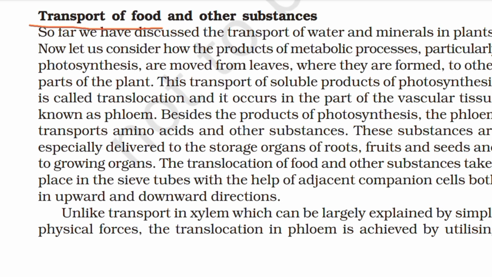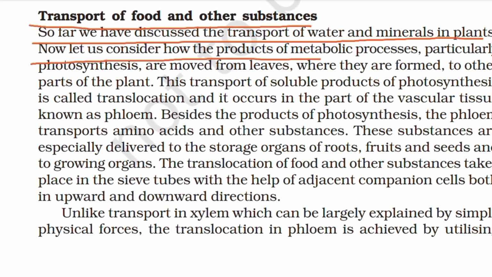Transport of food and other substances. So far we have discussed the transport of water and minerals in plants. Now let us consider how the products of metabolic processes, particularly photosynthesis, are moved from leaves where they are formed to other parts of the plant.